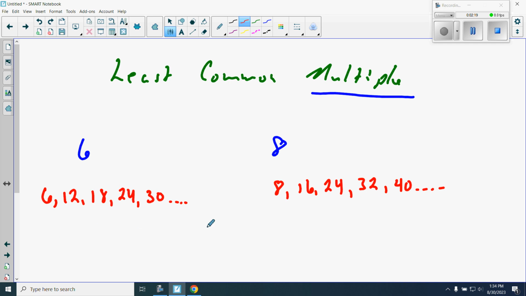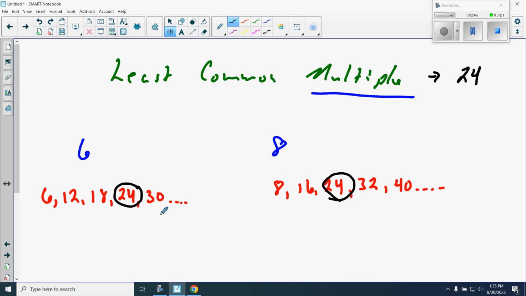So if I look in this list, now I've got multiples of 6, I've got multiples of 8. What's the common number, the smallest number that they have in common? Well, if I look here, it looks like I have a 24 that is also over in this list. So in this case, the least common multiple of 6 and 8 is actually 24.